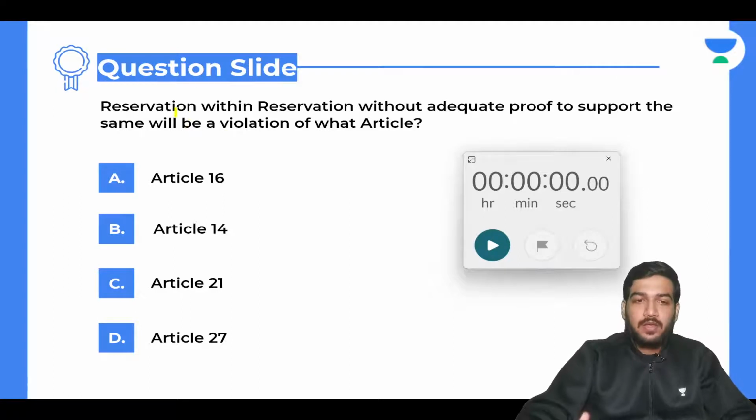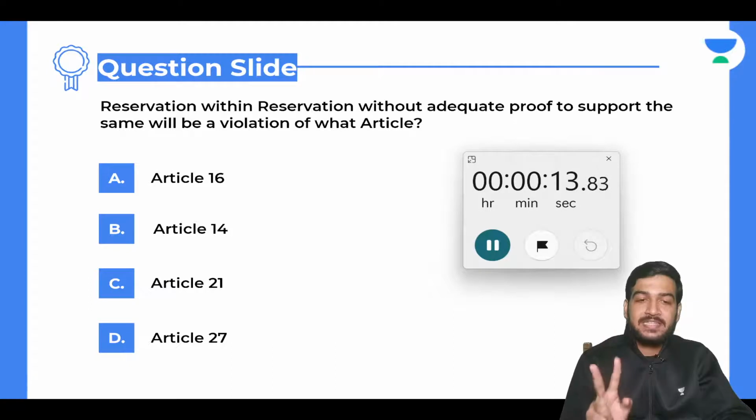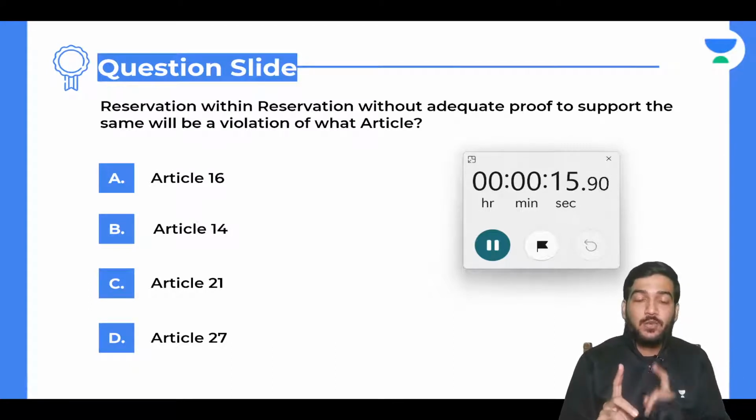So, reservation within reservation without adequate proof to support the same will be a violation of which article of the Indian Constitution? Will it be Article 16, Article 14, Article 21 or Article 27? Two reservations have been slashed because of this violation.